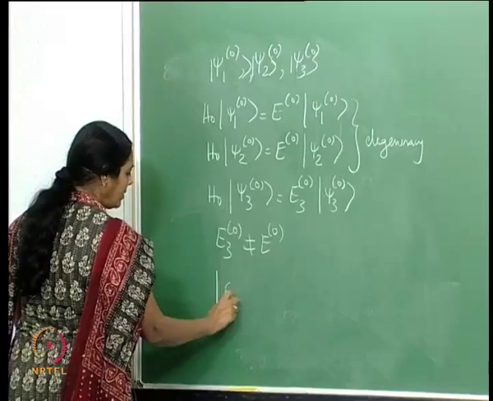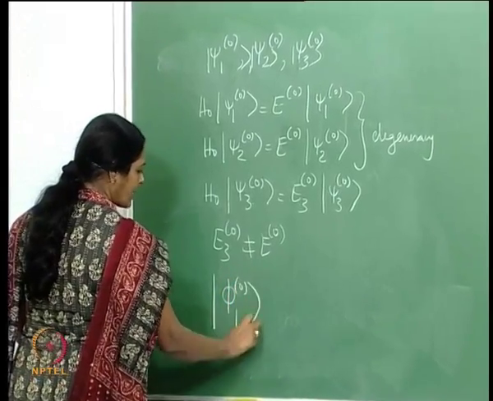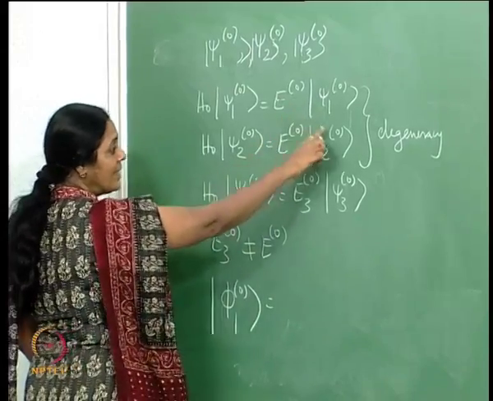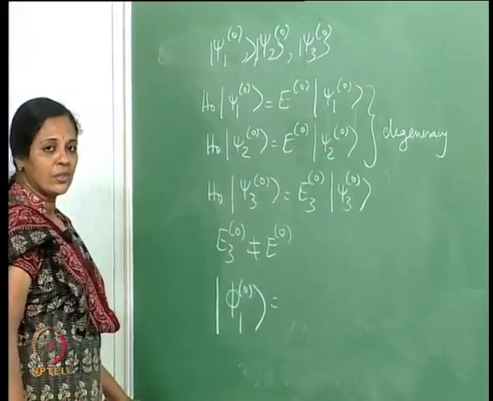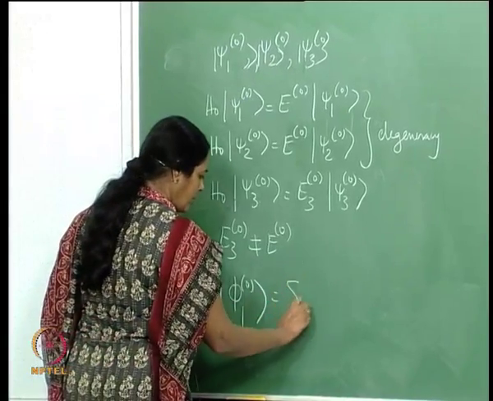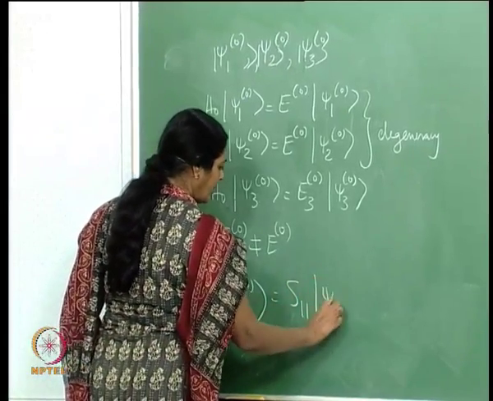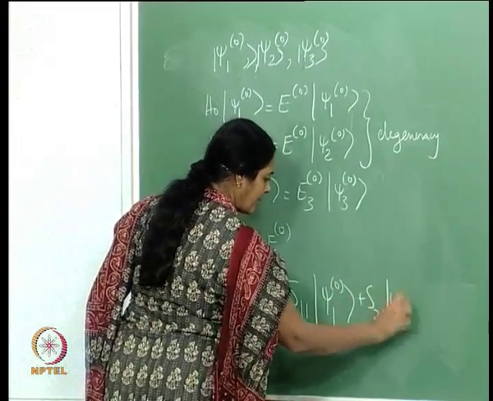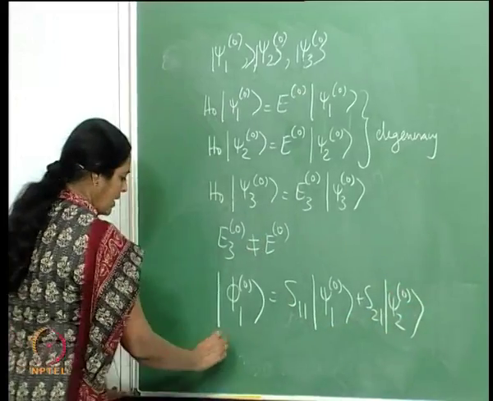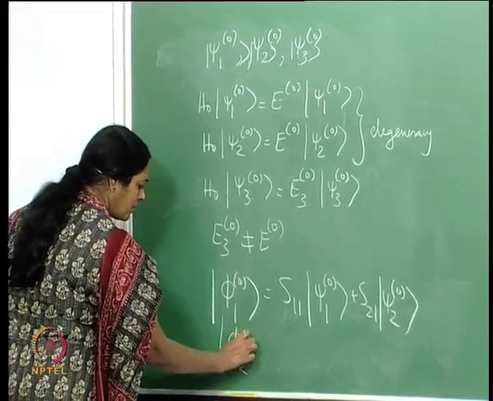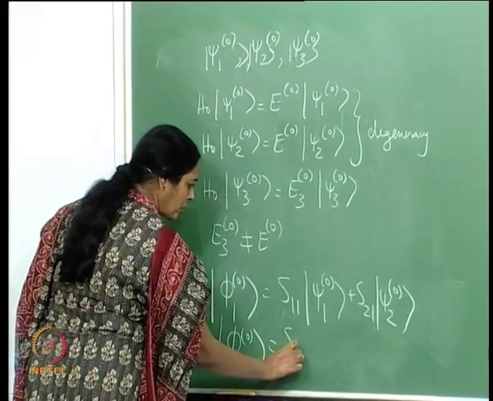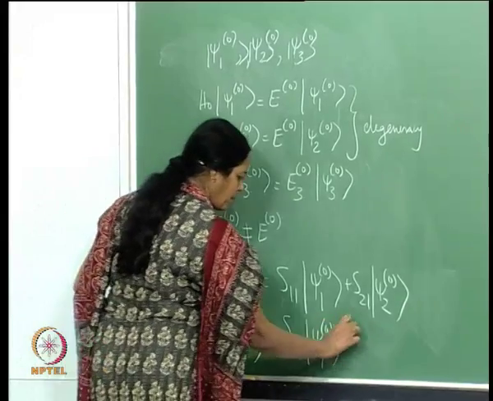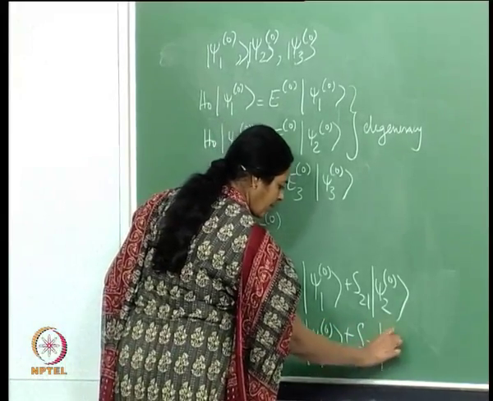So, I could define 2 objects, phi 1 0 and phi 2 0, which are linear superpositions of psi 1 0 and psi 2 0. So, let me say that phi 1 0 is S 1 1 psi 1 0 plus S 2 1 psi 2 0, and I have a phi 2 0 which is another superposition S 1 2 psi 1 0 plus S 2 2 psi 2 0.